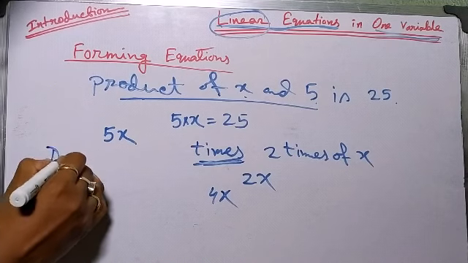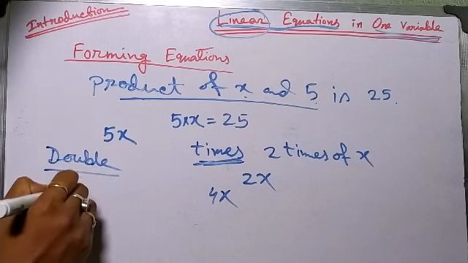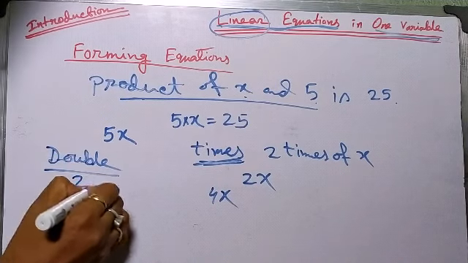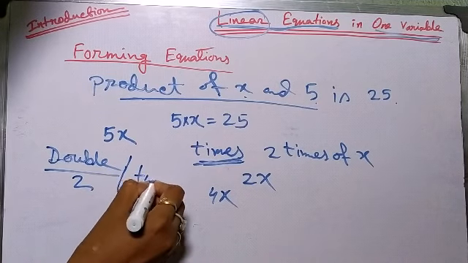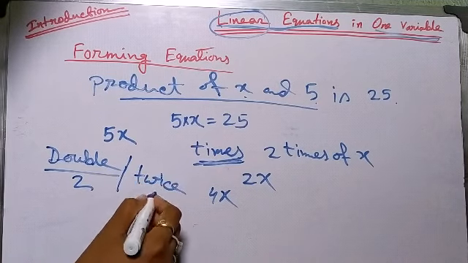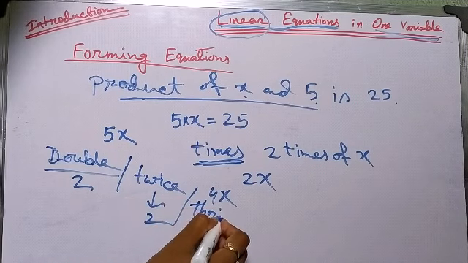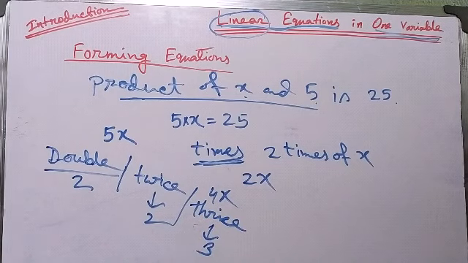Another word, suppose double. Double, here also multiplication is done. Double means actually 2. Twice also means 2. Thrice means 3. So this type, that means 3 times x will be multiplied.